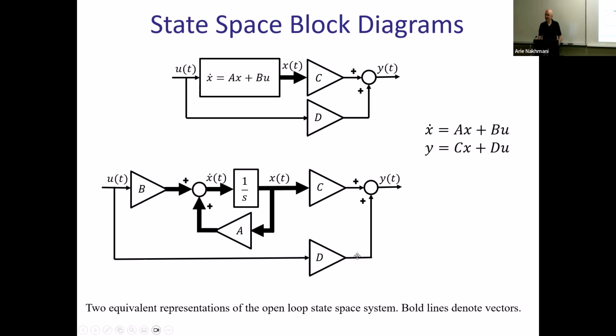Yes. I'm not sure I understood the difference between the thick vector lines and the thin ones. A thin line is a single function, not a vector. It's like a function of time, like a signal which is one dimensional. And thick lines are vectors of signals, multiple signals moving on multiple lines.